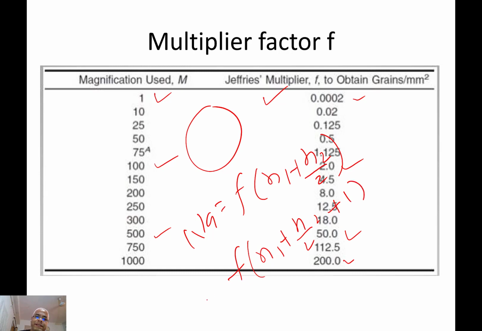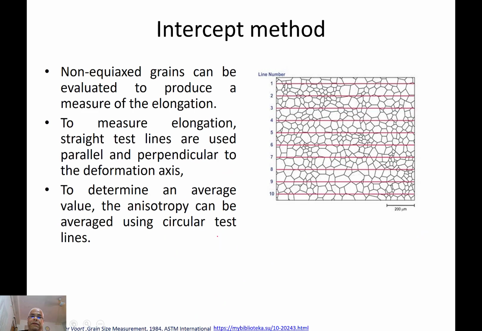So these are the two different equations used for determining the average number of grains per unit mm square using the planimetric method. Then we'll be talking about the intercept method.